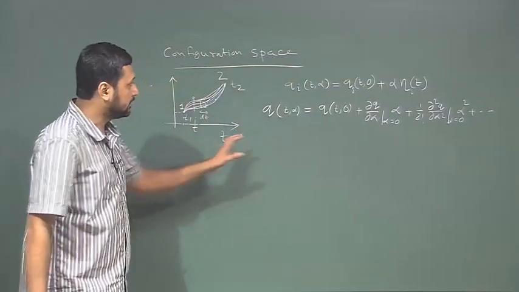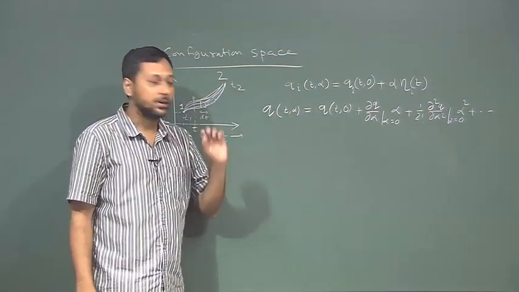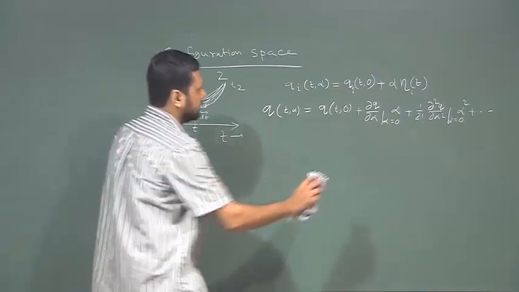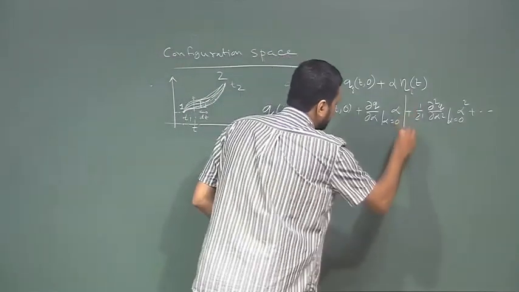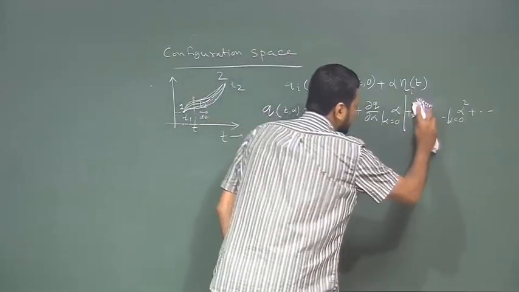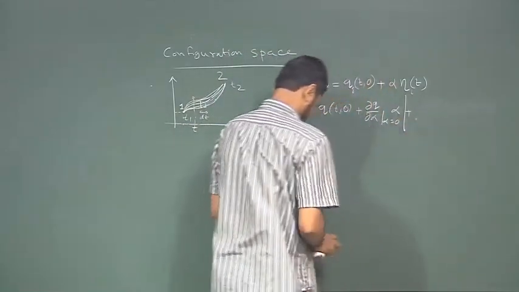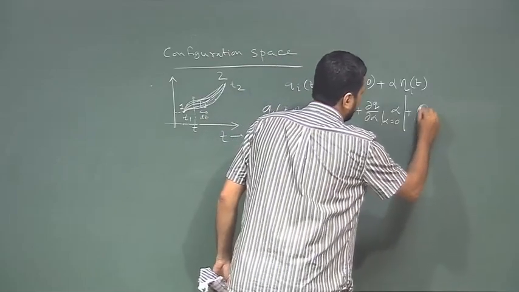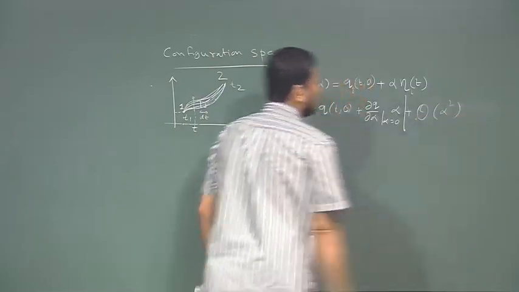This is a standard Taylor series expansion. Because alpha is an infinitesimally small parameter, we essentially truncated it here and ignored any terms of order alpha square.